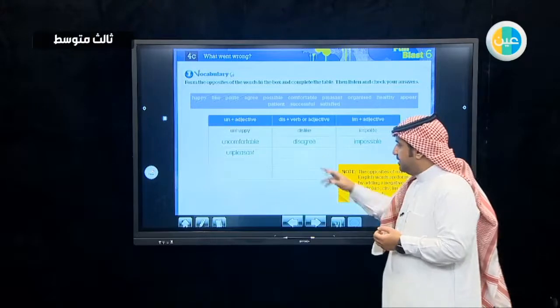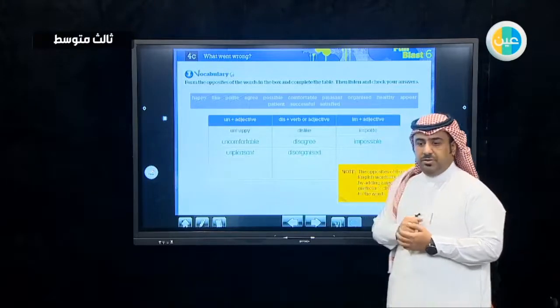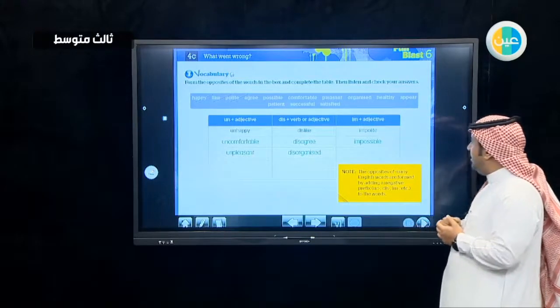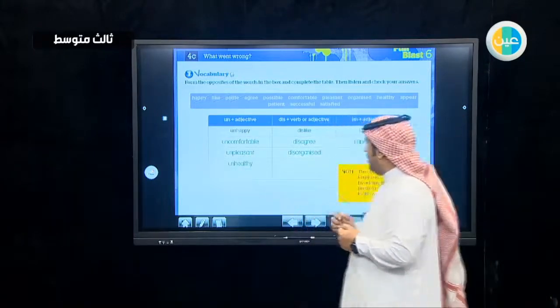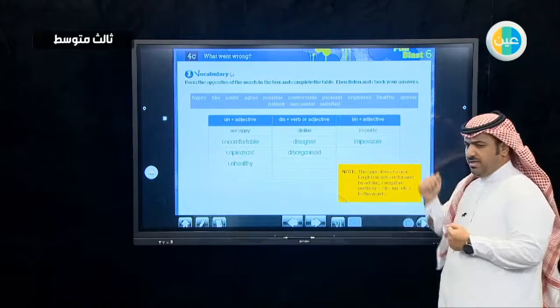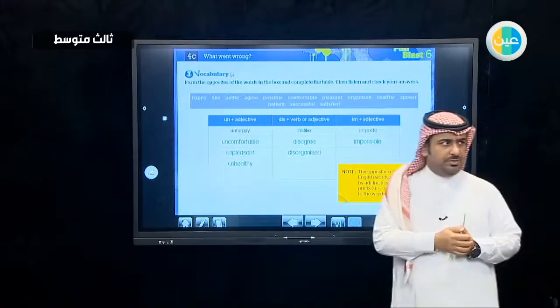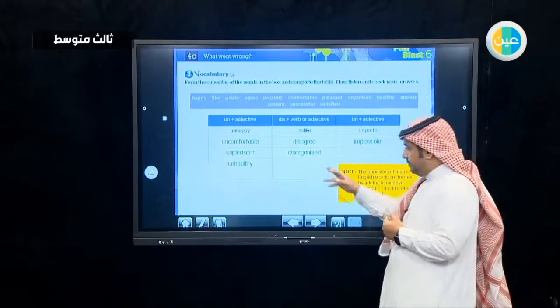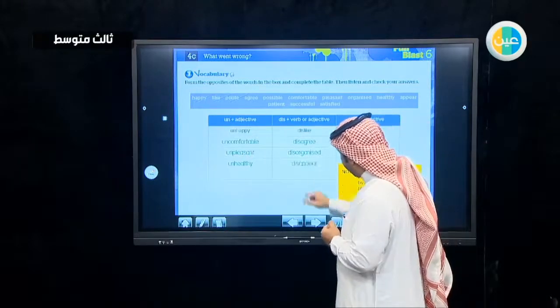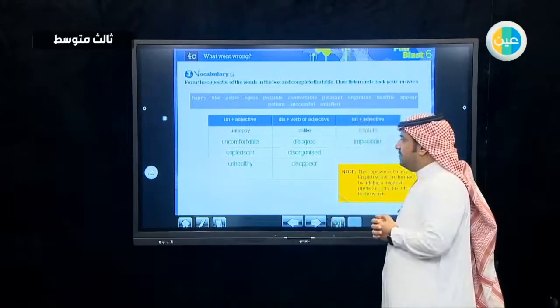Or the opposite is disorganized. Healthy, in good health. Unhealthy. What about appear? Appear, as you know, is a verb. So what is the opposite of it? Disappear. What about patient?